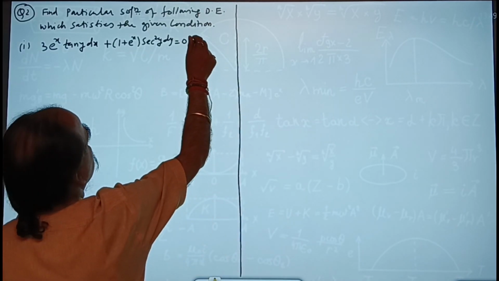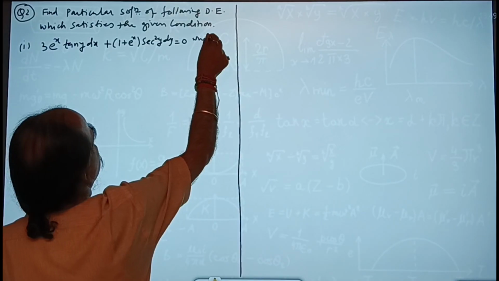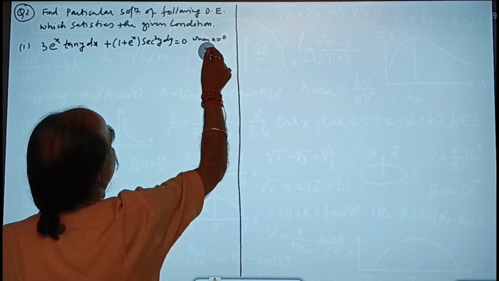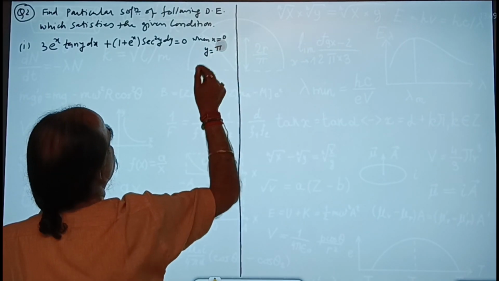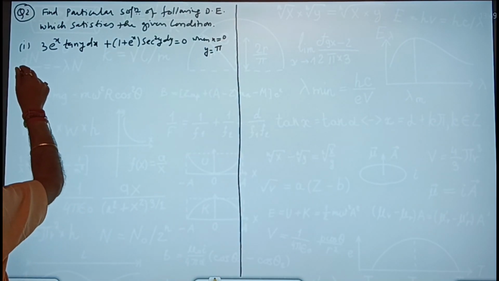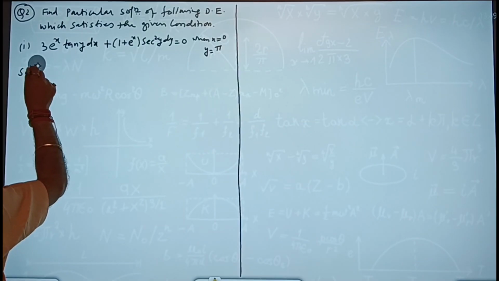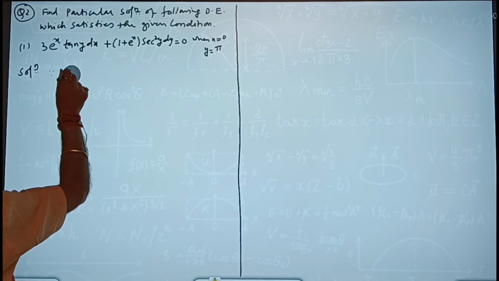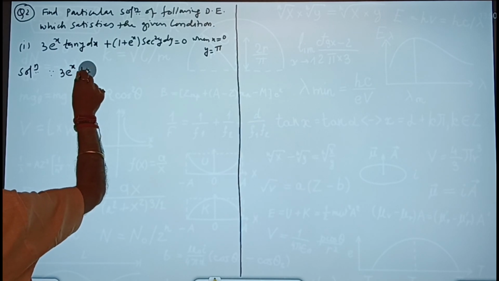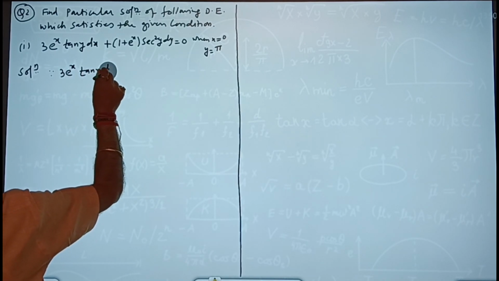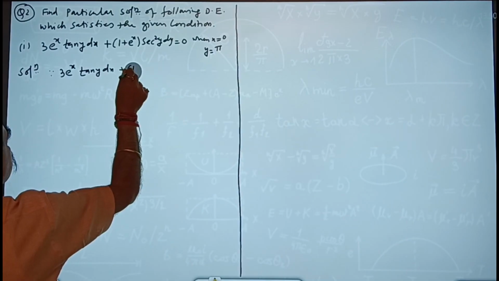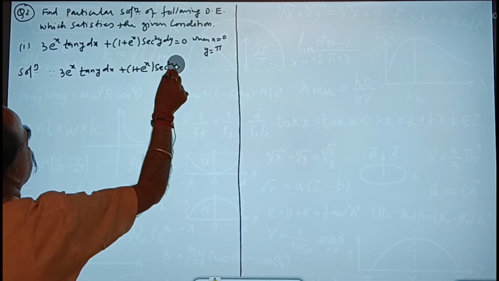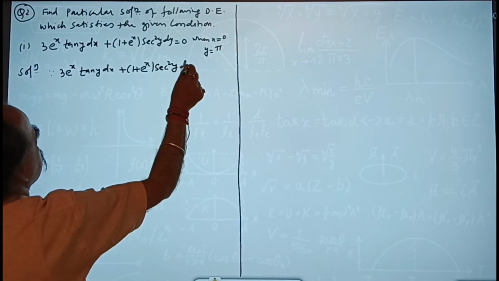When x is 0, y is pi by 4. Since 3 e raised to x tan y dx plus 1 plus e raised to x sec square y dy is equal to 0.